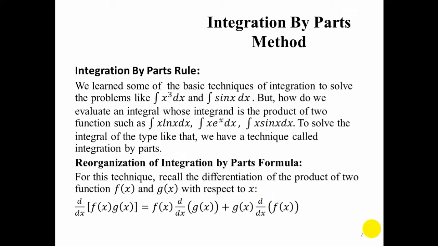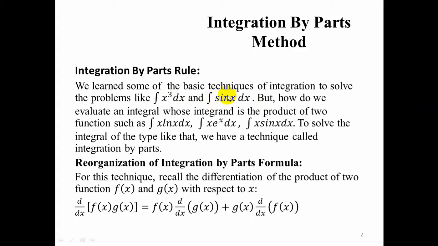The integration of x cube with respect to x, by using the definition of integration, I have already told you: adding 1 to the power and dividing by the new power, we obtain x power 4 divided by 4 plus c, where c is the constant of integration. And the integration of sine x is equal to minus cos x, because the derivative of cos x with respect to x is equal to minus sine x. So the integration of sine x is equal to minus cos x.